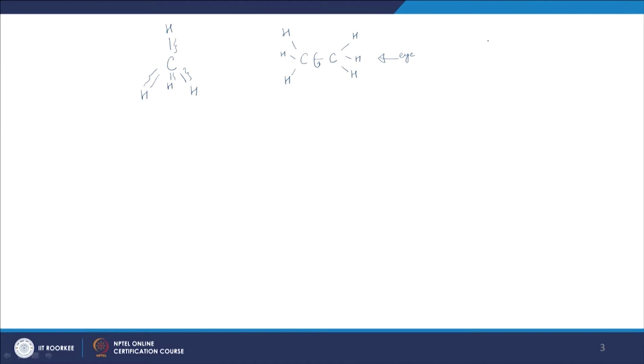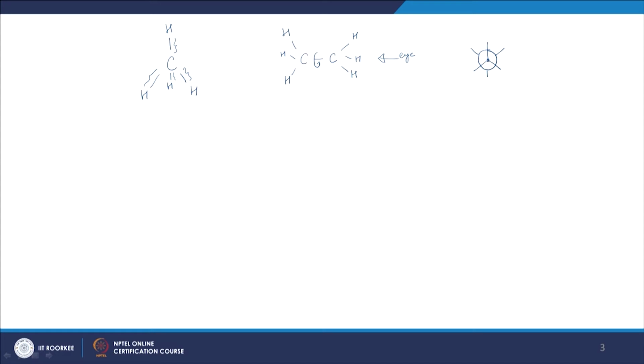Okay. So in that case, I will put my first carbon that I see from the right side and put its 3 hydrogens like these, and then if I am looking from here, the carbon behind is at the center of the circle that I have just drawn, and this also will have 3 hydrogens.